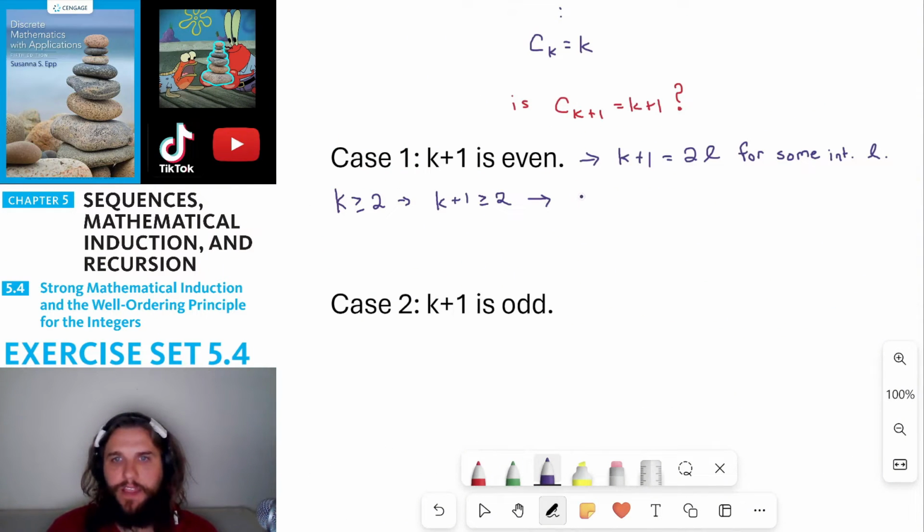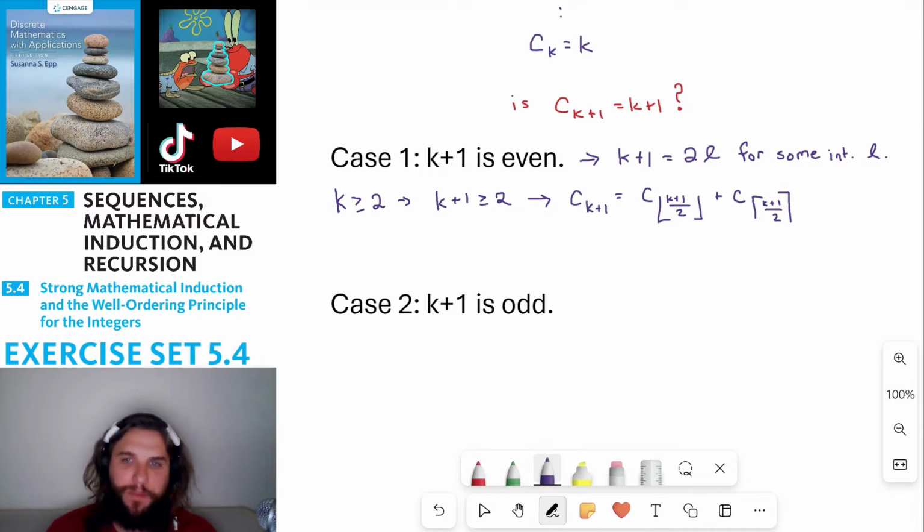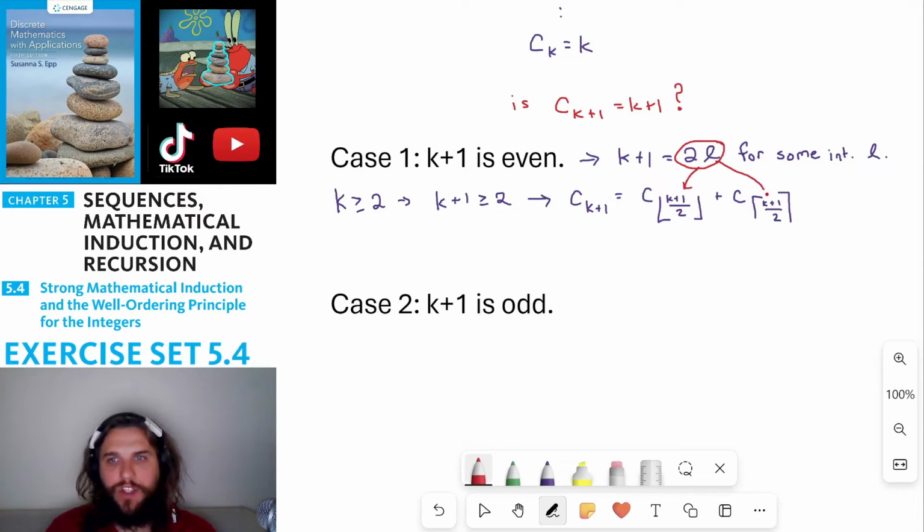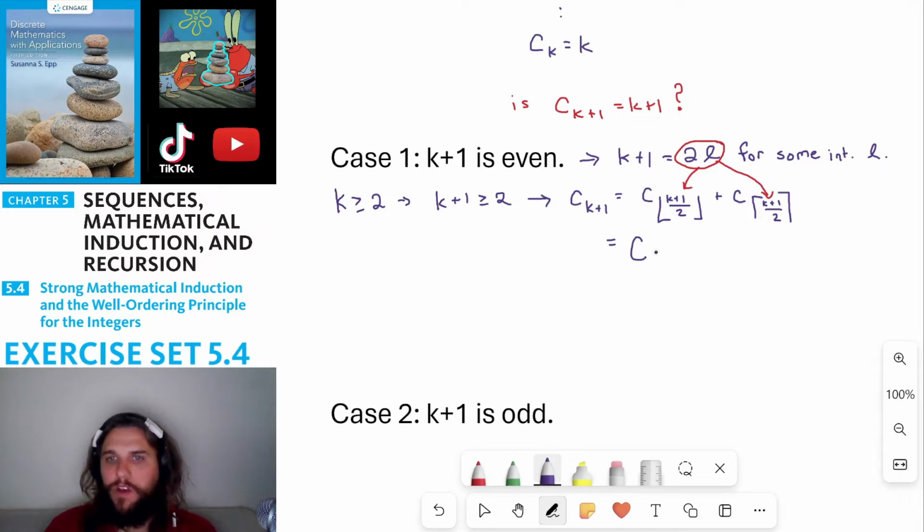So this means then that c sub k plus 1 equals c sub the floor of k plus 1 over 2 plus c sub the ceiling of k plus 1 over 2. Now, we know that k plus 1 is even, so I'm going to substitute 2l into k plus 1 here. So this is equal to c sub the floor of 2l over 2 plus c sub the ceiling of 2l over 2.